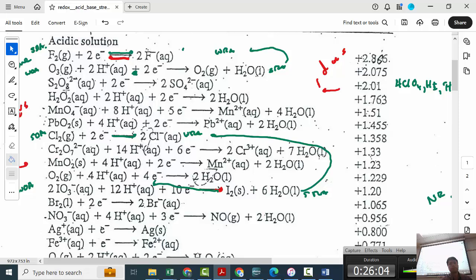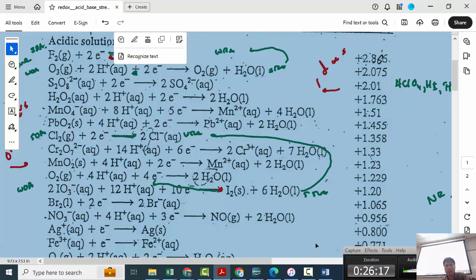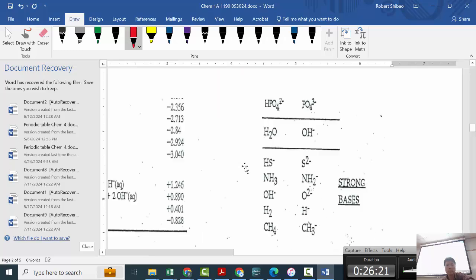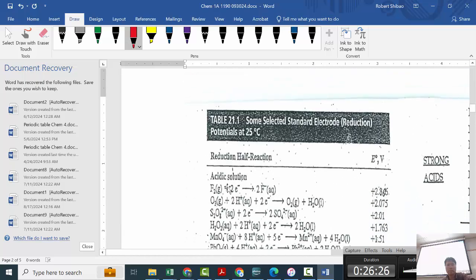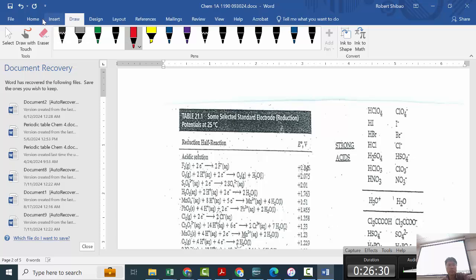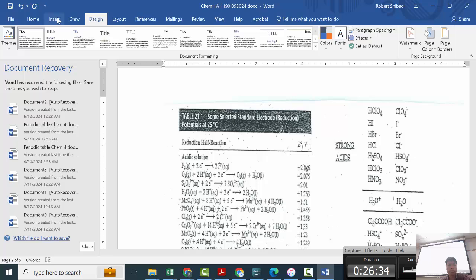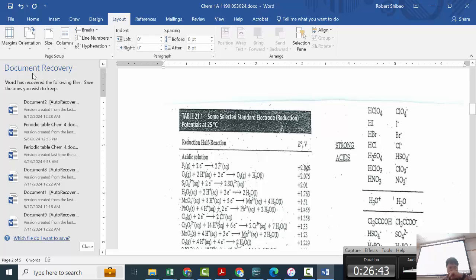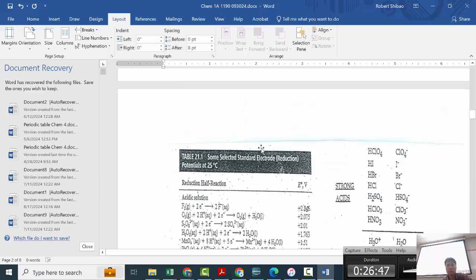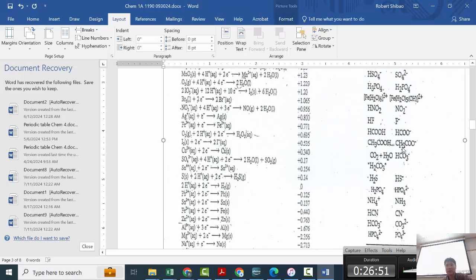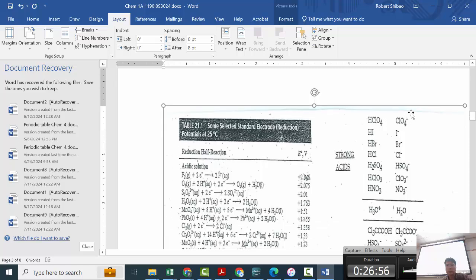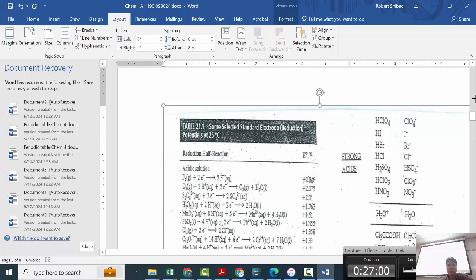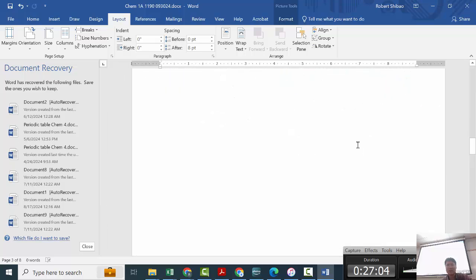However, the manganese is not. What's the oxidation state on manganese? +7 is correct.